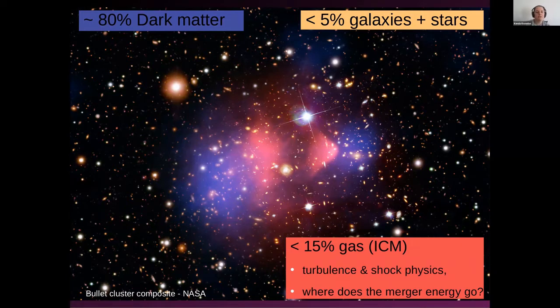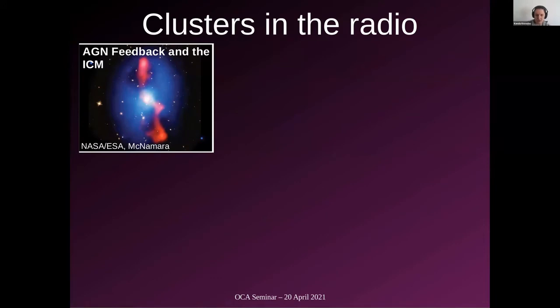So in the radio regime, I'm going to just go quickly through a few of the research topics that people are studying. It's by no means an exhaustive list. But it is some of the things that you can do, particularly using the MeerKAT data that I'll discuss later. So the first one that I'd like to talk about is the AGN feedback.